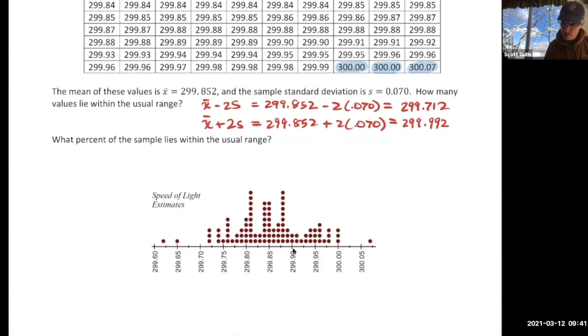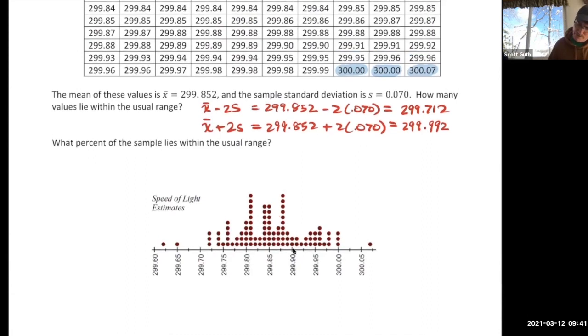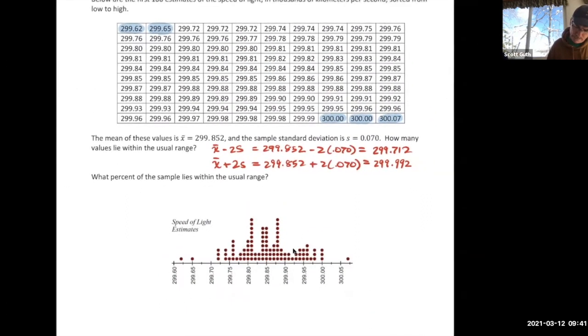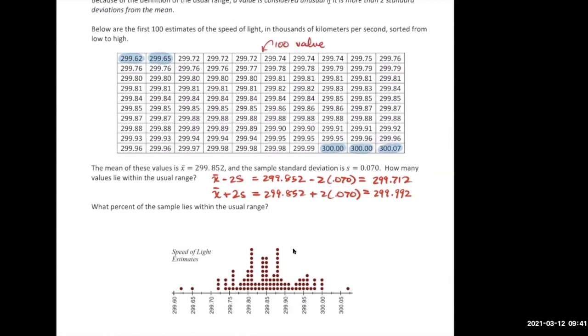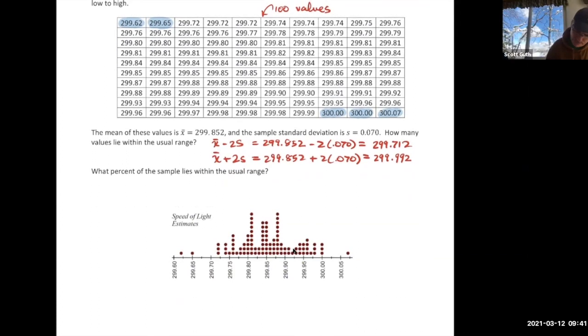Okay, any questions? Okay, so how many values are inside the usual range? Again, there's 100 values here. 95. Yeah, so 95 values are in the usual range.